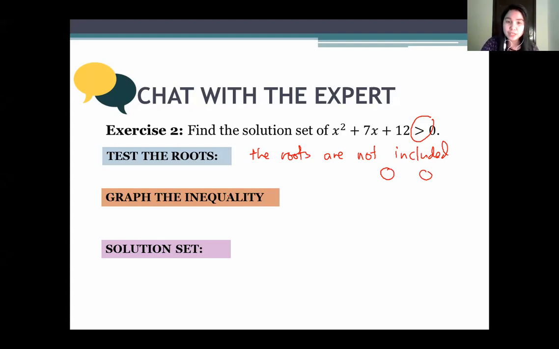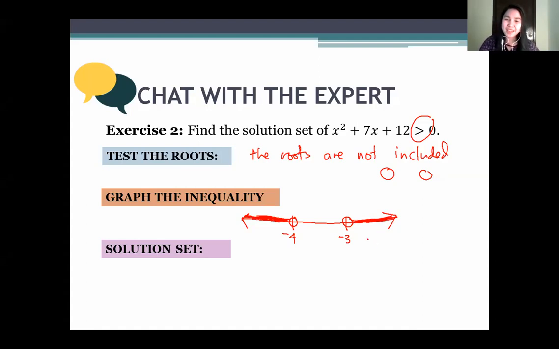Then we graph the inequality. Ready? -4, open. -3, open. What is the one that is true? The before, shade it. And the after, shade it.